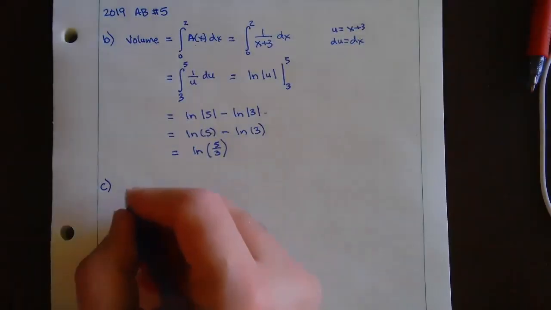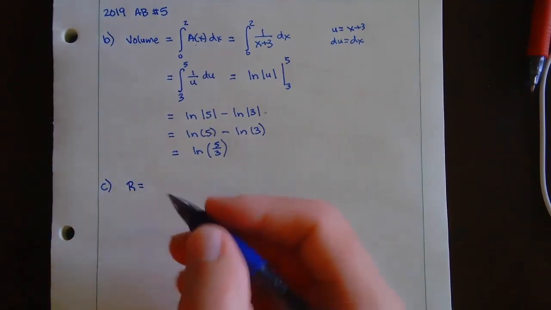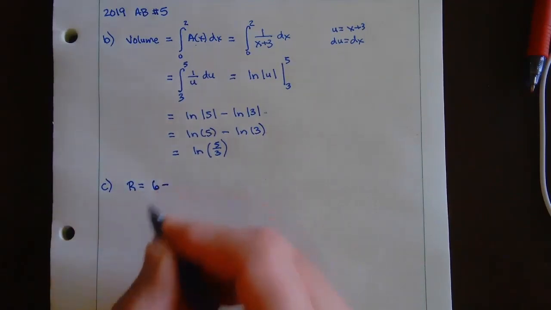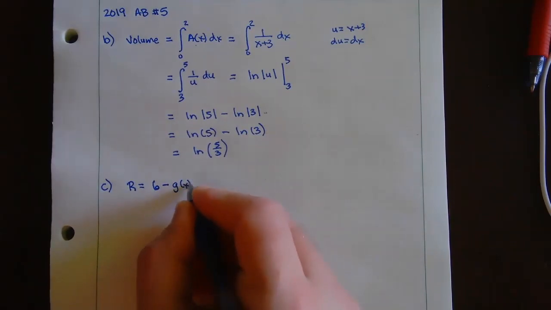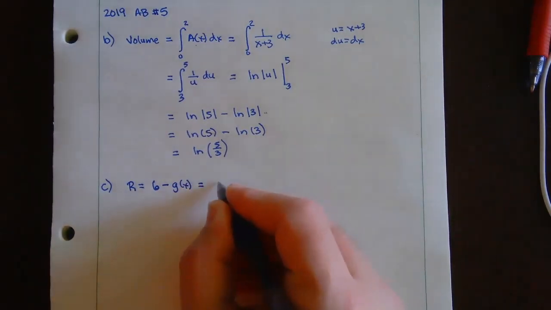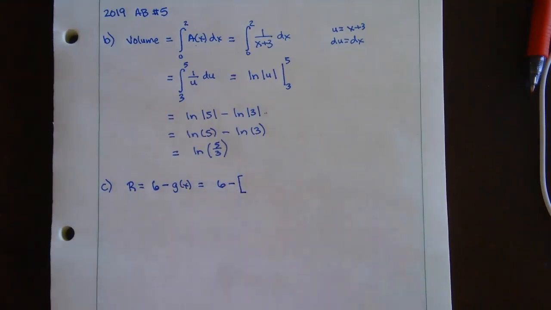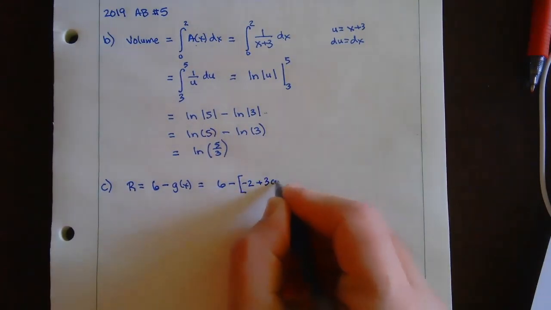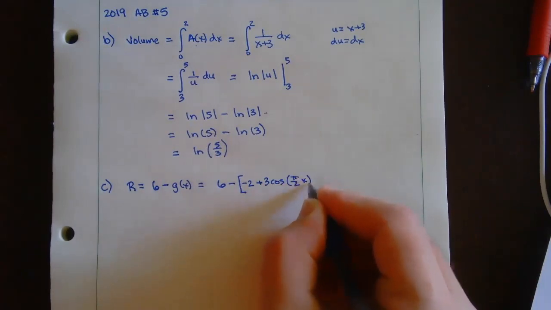So for part C, I need to first figure out my big R. And my big R would be the top minus bottom. So the top would be 6 minus the bottom function, which is g of x. That's equivalent to 6 minus, and my g of x function was that cosine function, -2 plus 3 cosine of pi over 2 x.